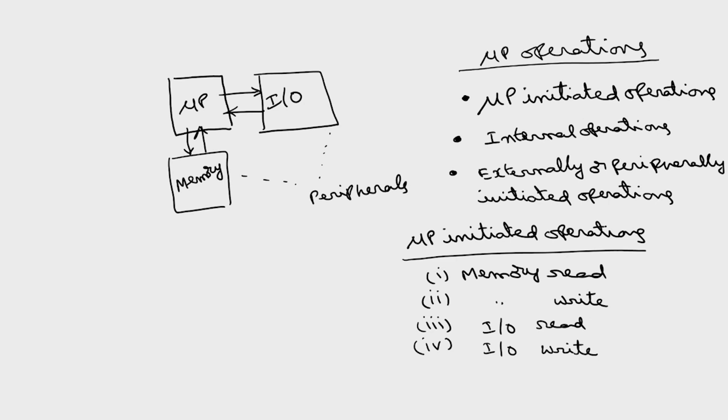Now, the question is, what are the hardware elements or what is the circuitry that is required by the microprocessor to perform these operations. So, in order to perform these operations, the microprocessor needs to follow 3 steps.